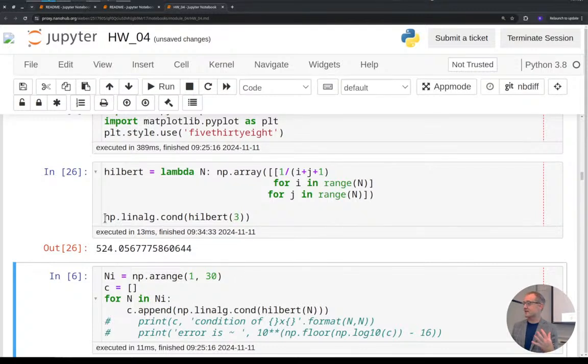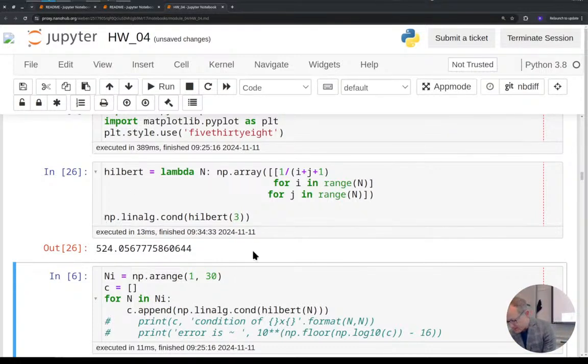And it's a really easy way to check, is the problem easy to solve or is it hard to solve? So here, 500, pretty easy. That's an easy problem to invert that matrix and get an answer.